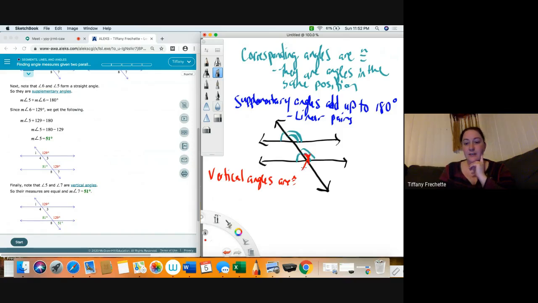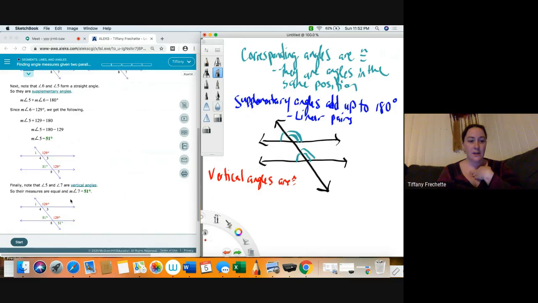So that means this angle is congruent to this angle. And I can also do that if I go this way. So this angle is also congruent to this angle because they are vertical angles. So the parallel lines aren't required. It's just two lines crossing each other.